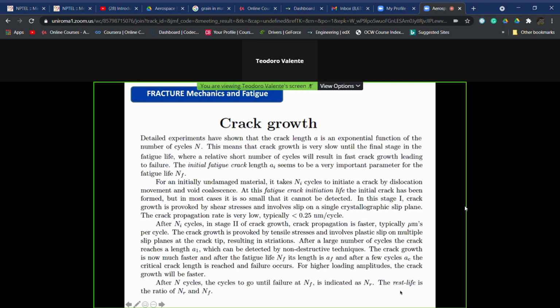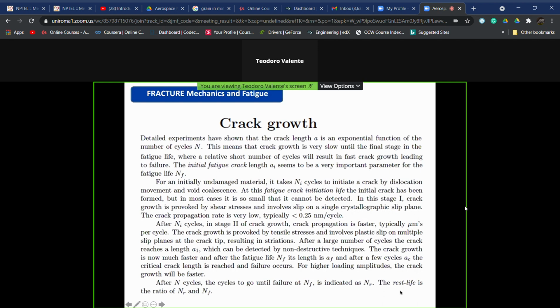If we start, for example, by using a material which has no damage at the beginning, usually, as in the video that I showed you for the CT specimens in the last lecture, a number of cycles, usually called capital Ni, is necessary to initiate a crack by dislocation movement and void coalescence.